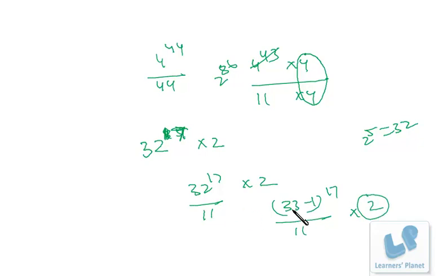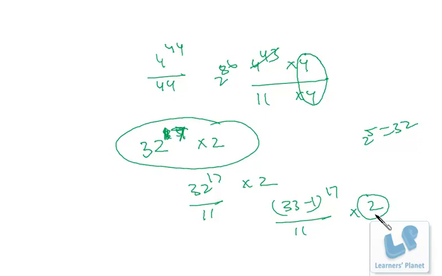So 33 is divisible by 11, so the remainder will be minus 1 raised to 17. Minus 1 to an odd power, so the remainder will be minus 1. So minus 1 into this 2, that's minus 2. If you divide this entire expression by 11, you'll get the remainder as minus 2.